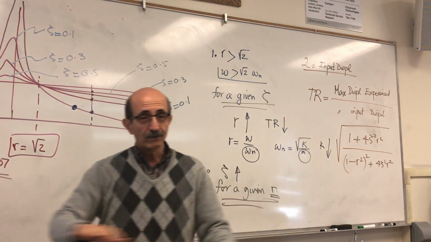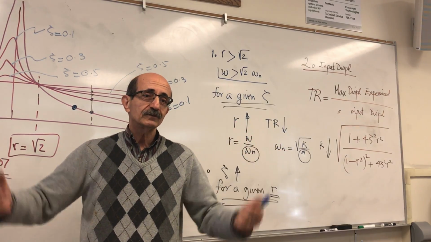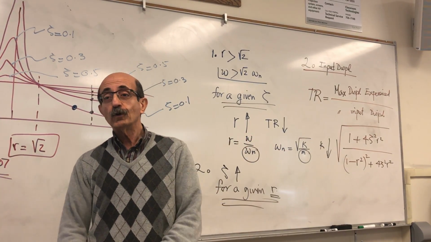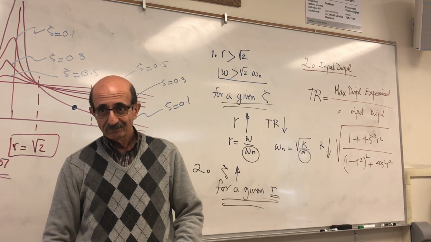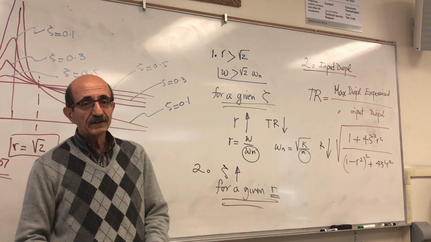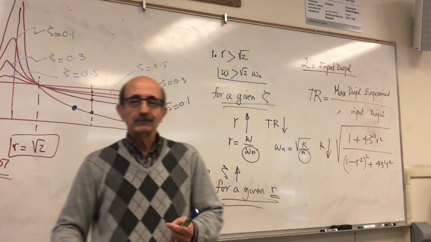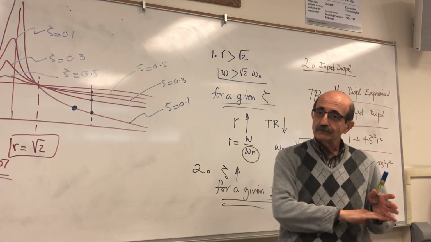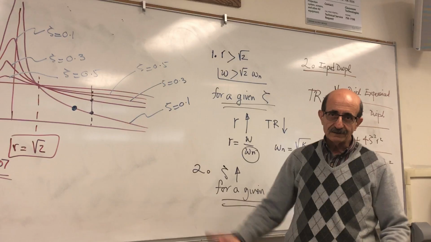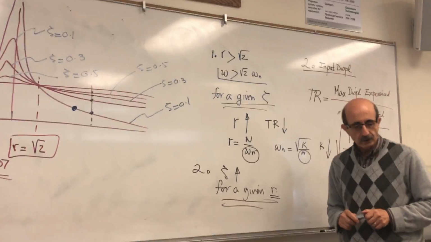Or you put vibration isolators like rubber or things like that underneath the building that are very, very soft, that when the earthquake comes, can move a lot, but basically absorb a lot of energy.